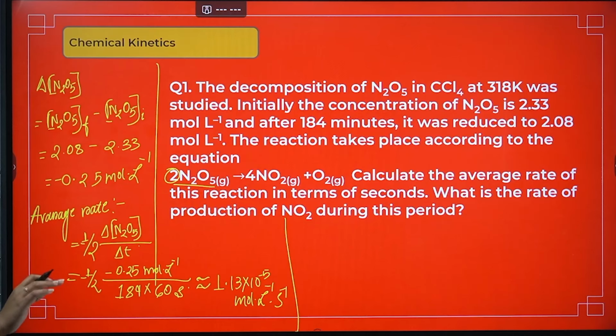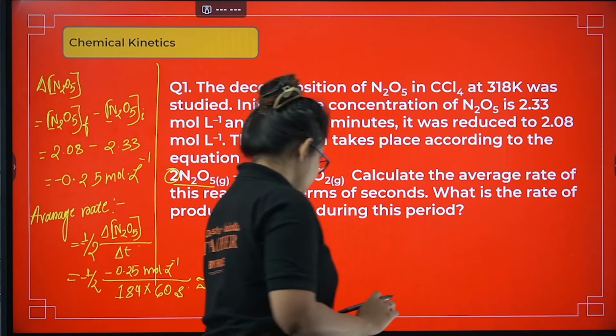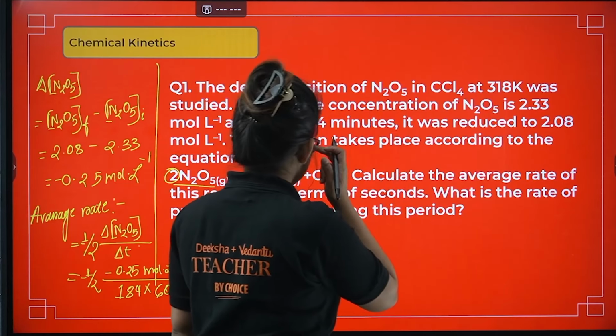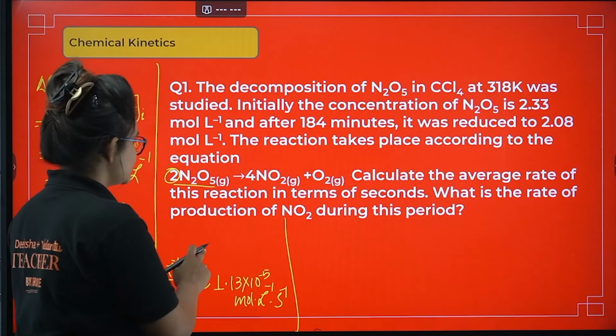I guess it's clear to you. Let's go ahead. Now what we have to find out next is the average rate of production of NO2.